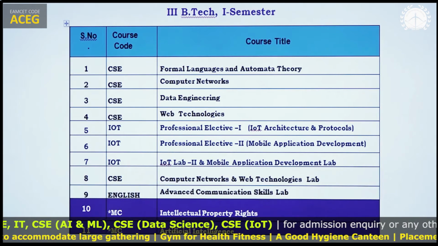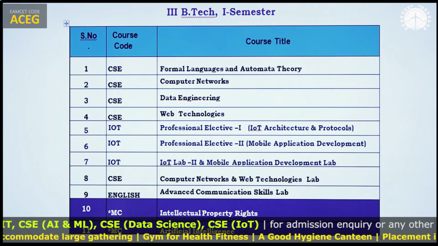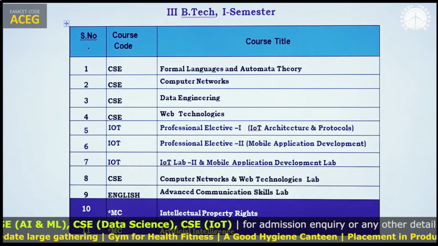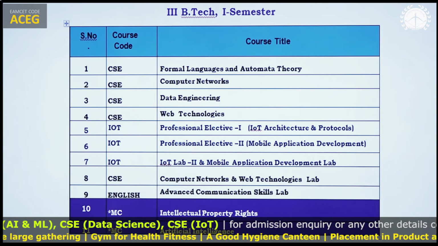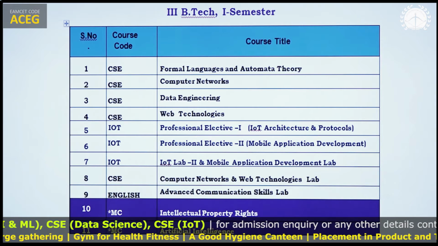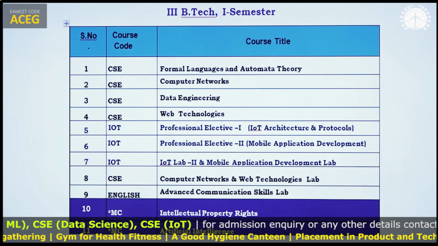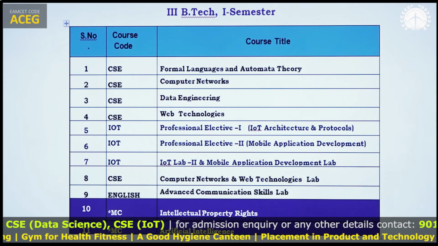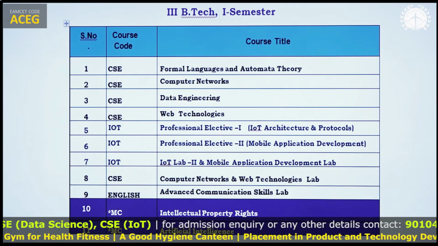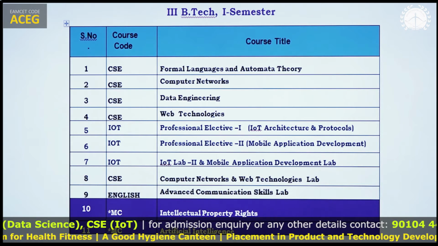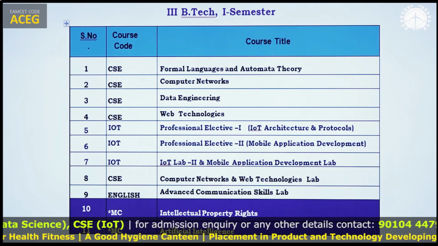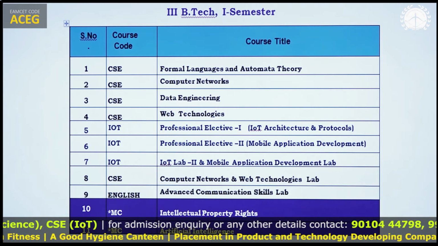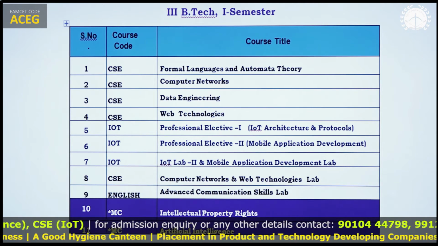Now go to the 3/1 semester, with CS subjects and IoT subjects. CS subjects are formal languages and automata theory, computer networks, data engineering, web technology. Coming to IoT subjects here: professional elective 1, IoT architecture and protocols, professional elective 2, mobile application development, and labs, IoT lab 2 and mobile application development lab.